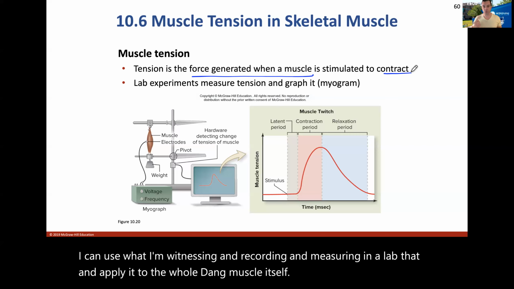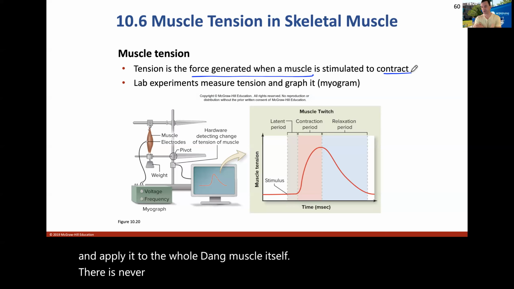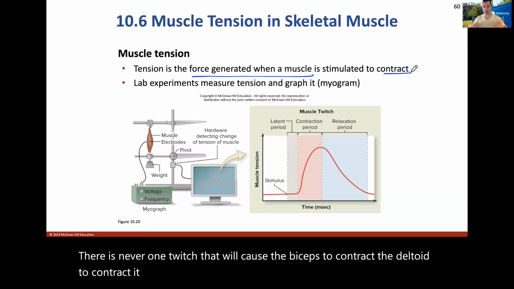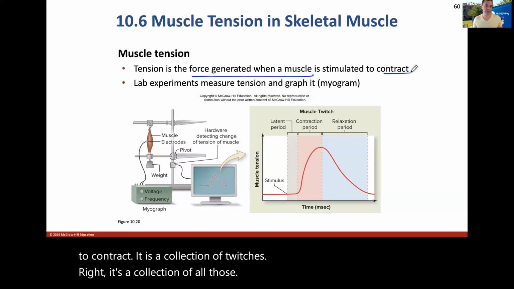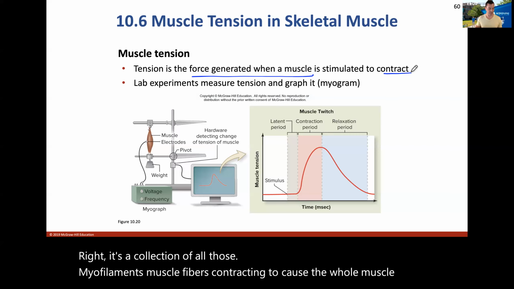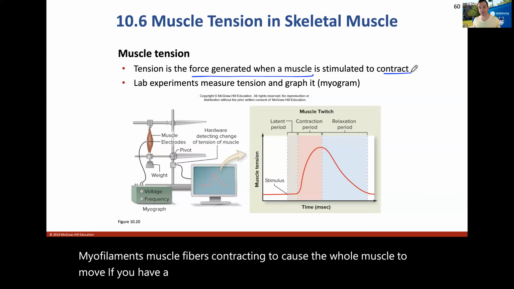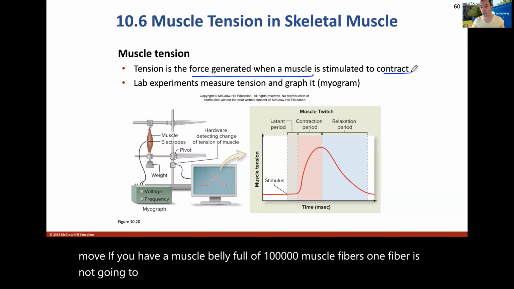There's never one twitch that will cause the biceps to contract, the deltoid to contract. It is a collection of twitches. It's a collection of all those myofilaments, muscle fibers contracting to cause the whole muscle to move. If you have a muscle belly full of 100,000 muscle fibers, one fiber is not going to be enough to get the whole muscle to move.